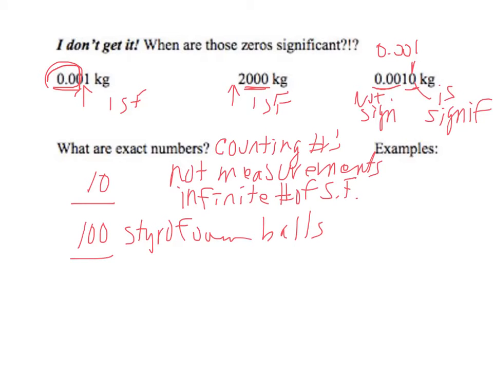So we also don't, when we have a definition, when we say, for instance, 2.54 centimeters equals 1 inch, these are definitions. They are not measurements, and therefore they have an infinite number of sig figs. They do not count in terms of limiting us when we calculate with them. Okay.